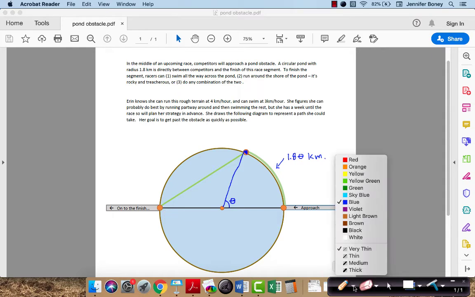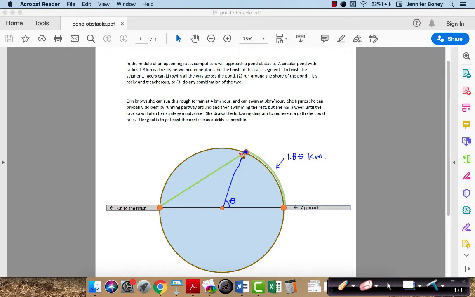So in terms of figuring out this length here, I need that to be something that I have a formula for. I don't have any formulas for how to find the length of a line that I randomly draw through a circle. There's not a formula for that.